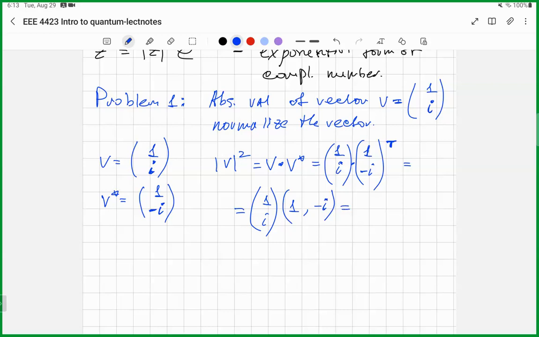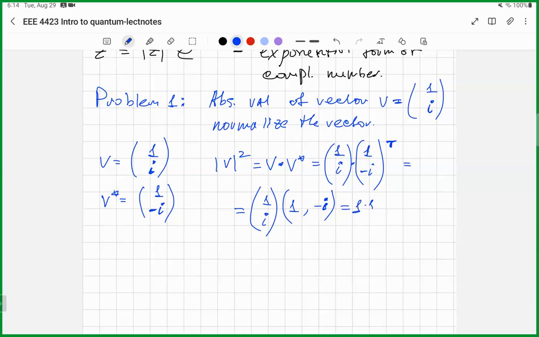So after that, I can use the matrix product rule when I take the first component of the first vector times the first component of the second vector, and the same for the other component.